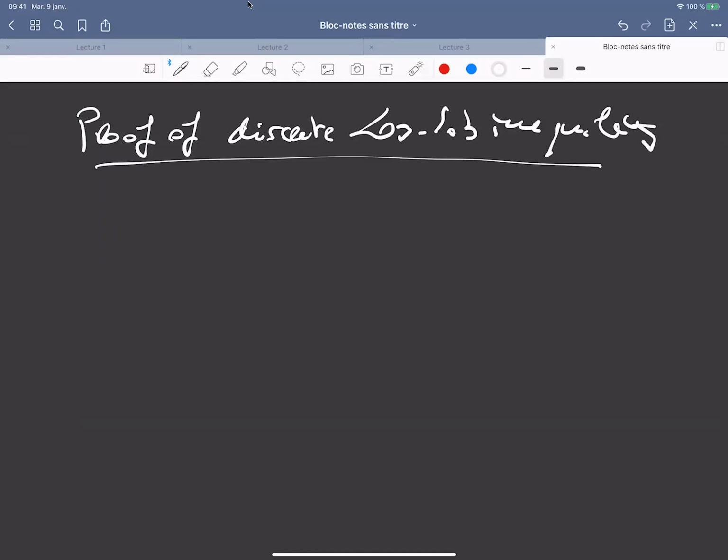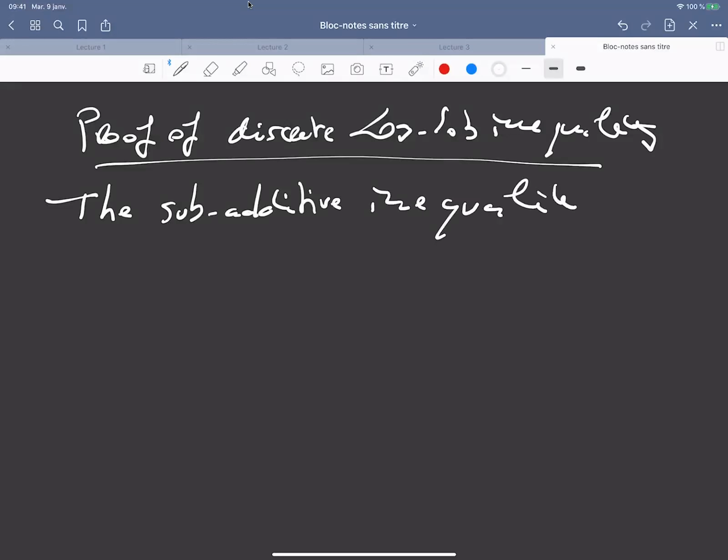First of all, the use of the subadditivity inequality reduces the proof to dimension 1.